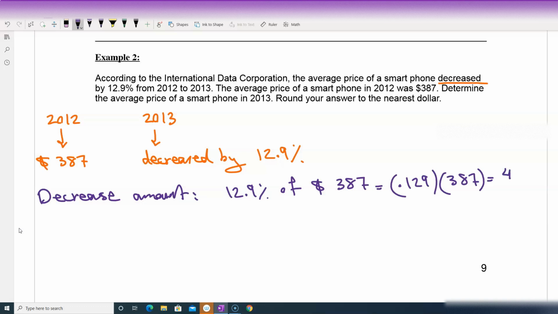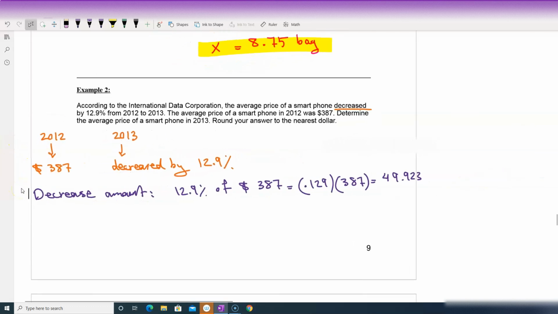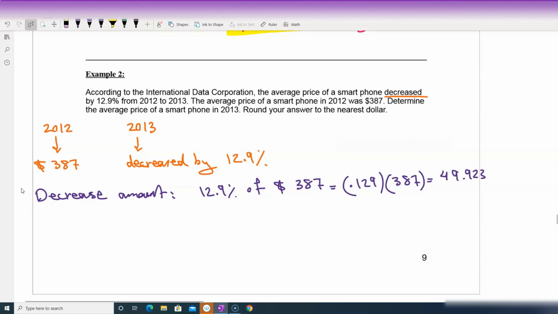It's equal to 49.923. Since I want to have dollars and cents, we should round to the nearest cent. So here it is $49.92.